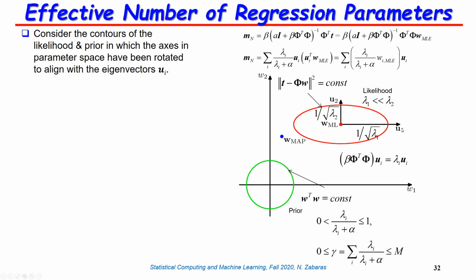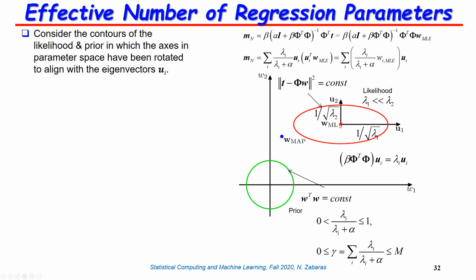You notice in the direction of U1, lambda 1 is small, and if lambda 1 is small, you can see that the component that I get for the posterior mean in the direction U1 is then 0. And what that means is that effectively this component is set by the prior equal to 0.